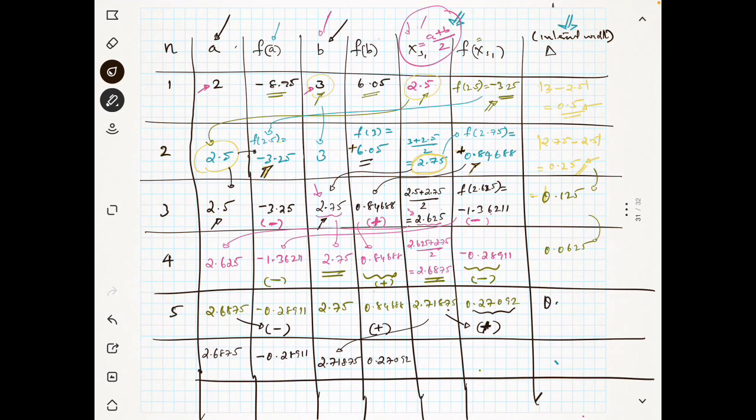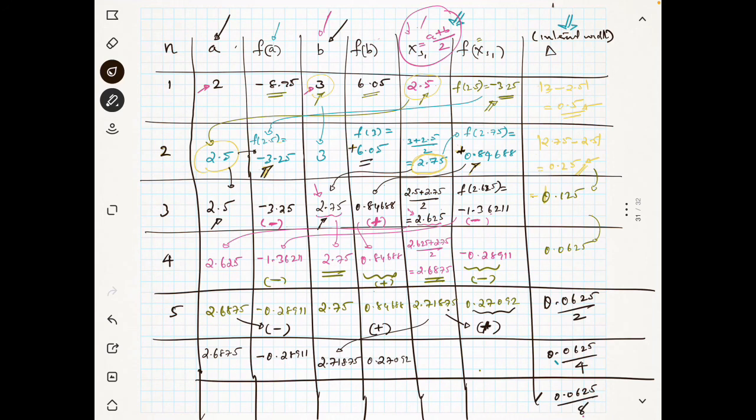What about this value 0.00625? We know the error pattern. This is 0.0625 by 2, this becomes 0.0625 by 4. Then the next error you can expect like this, 0.0625 by 8. That means it is dividing by 2, 2, 2 like this.